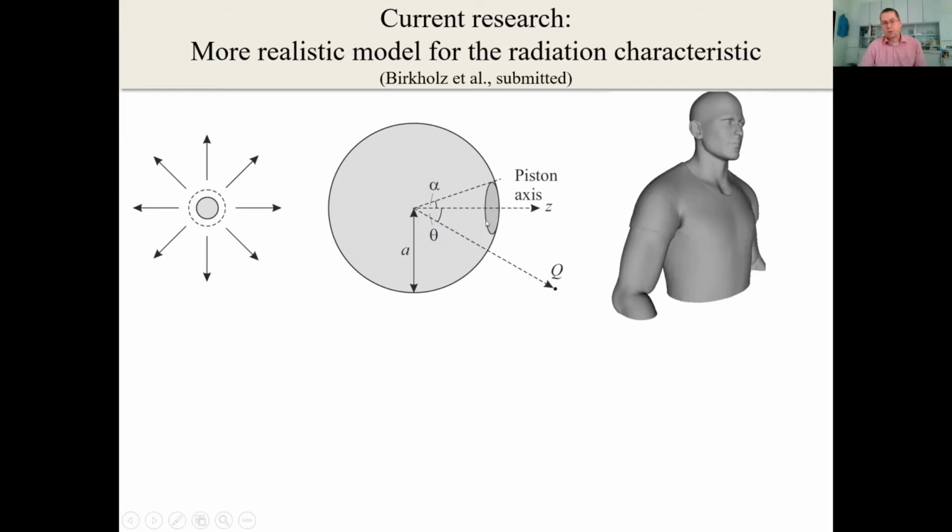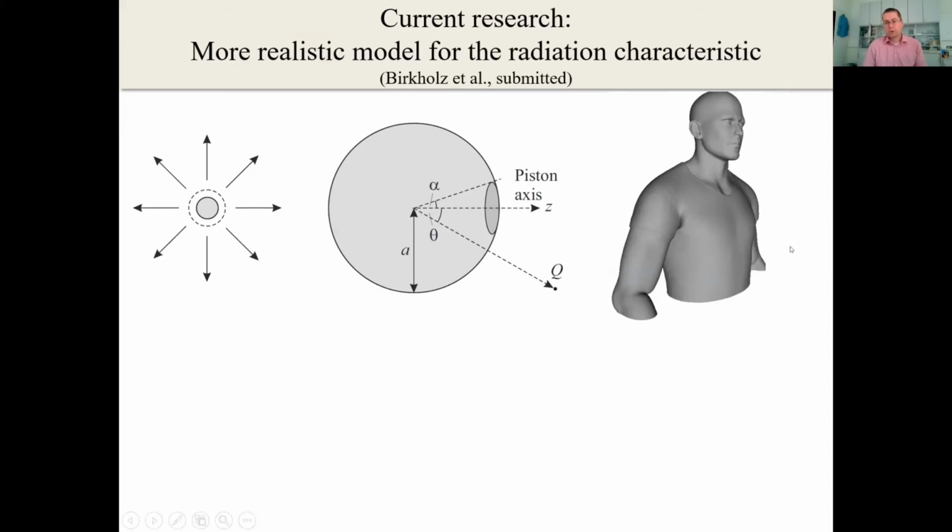This is more realistic because here this big sphere is the head, and the piston represents the oscillation of sound in the plane of the lips. And then we have diffraction effects around the head, and that gives us a different transfer function.